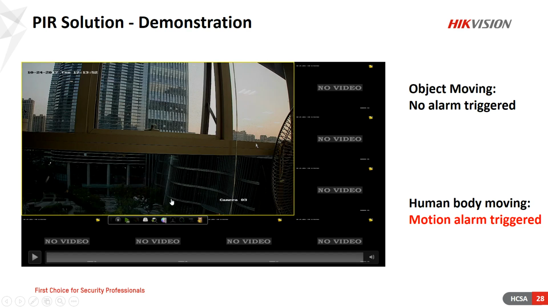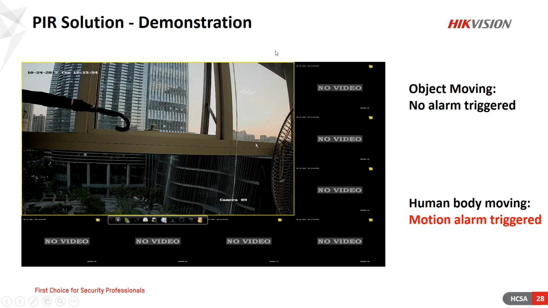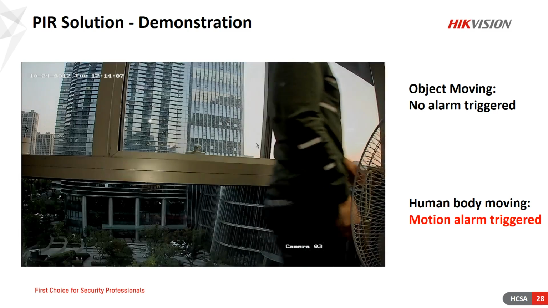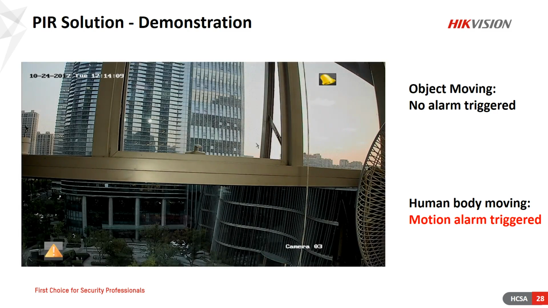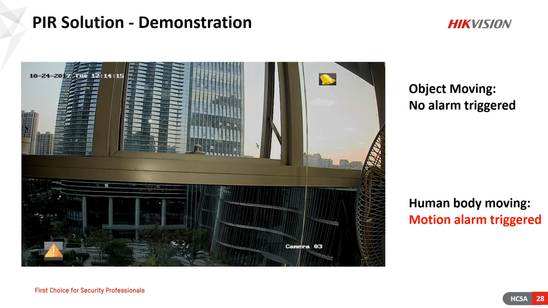And there's another demonstration to show you the PIR solution. Like we use an umbrella to try to trigger the alarm. I mean the PIR, but the PIR knows it is an umbrella. But if a human passes by, the human has a lot more infrared radiation than the umbrella, so the human body is going to trigger the PIR event, but the umbrella cannot.